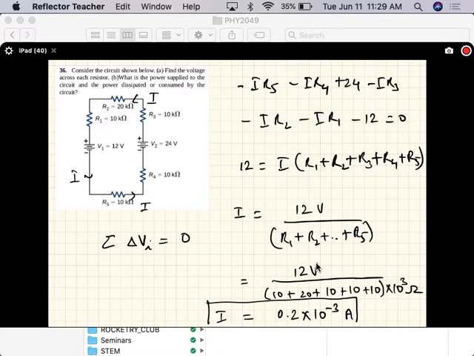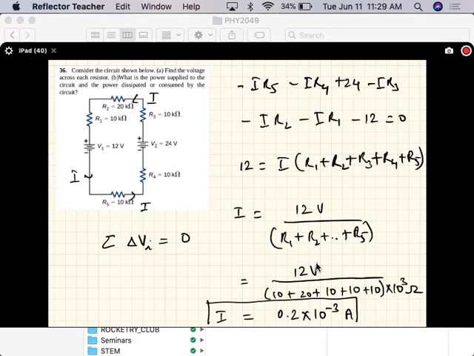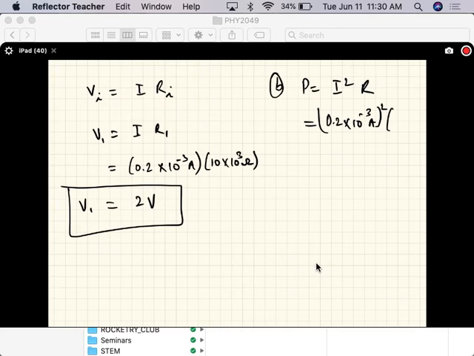What is the power supplied to the circuit and the power dissipated or consumed by the circuit? Okay, so the power supplied to the circuit is I squared R, where I is the current in the circuit and R is the total resistance in the circuit. So I was 0.2 times 10 to the minus 3 amps squared, and the total resistance in the circuit was 60 kilo ohms.